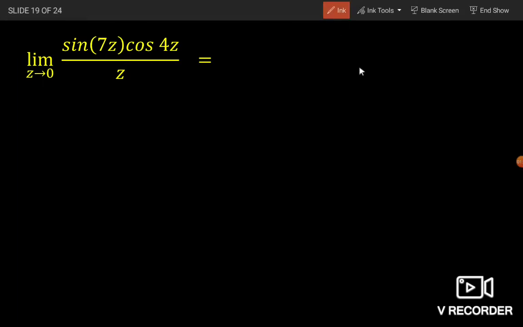So for our next problem, we have the limit of sine of 7z multiplied by cosine of 4z over z as z approaches 0.